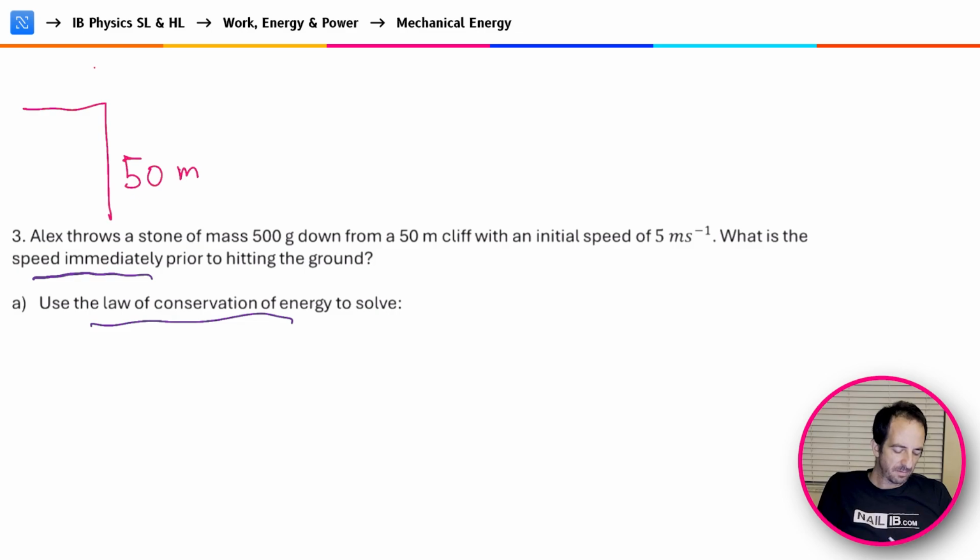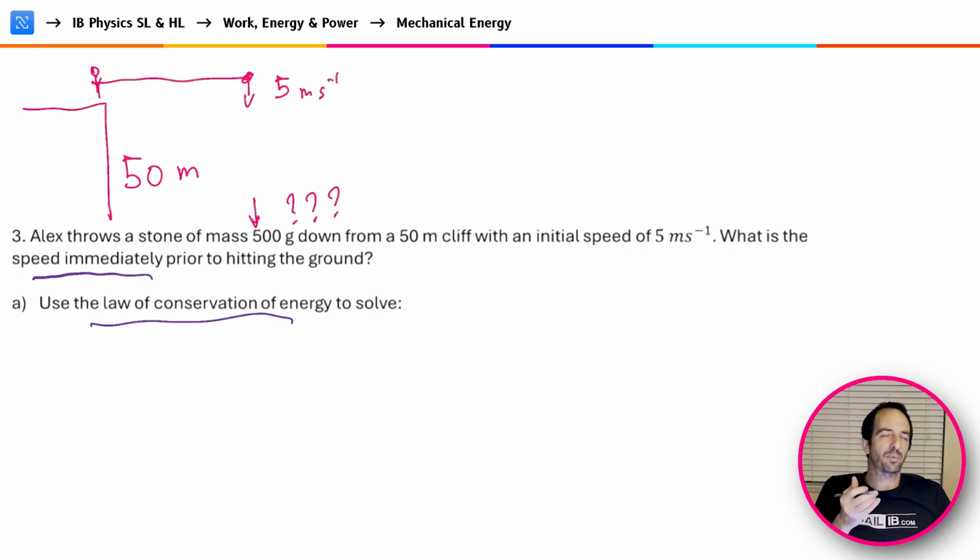A person, Alex, takes a stone and drops it down at 5 meters per second. We are tasked with finding what its velocity will be immediately prior to making contact with the ground. And we want to solve this using the conservation of mechanical energy.